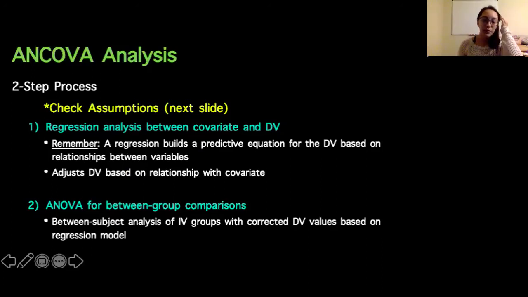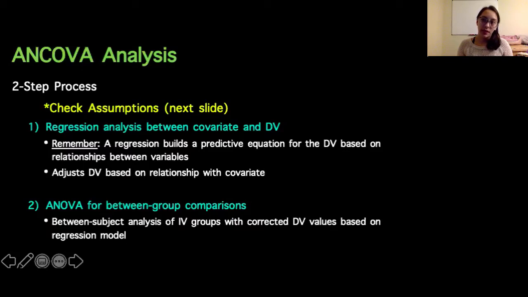Because you remember when we make regression equations, the independent variables are represented by the B coefficients that we end up getting out of the regression analysis. So the way that we control the dependent variable outcomes using the covariate is that we stick these two things in a regression and basically get a predictive equation. So then we can alter, right?